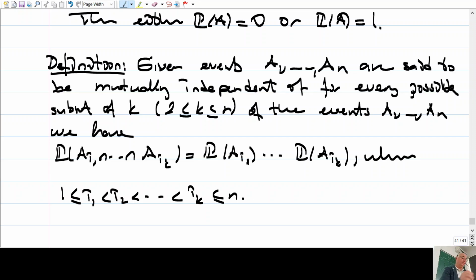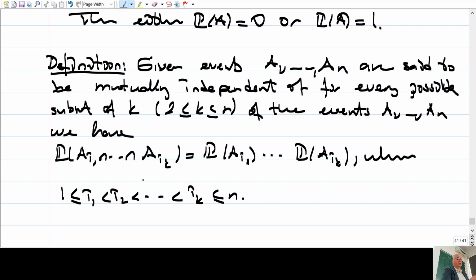So what you do, when we are given events A1 up to AN, we will call them mutually independent if I just take any K of them and look at the intersection, and this intersection has to be the product of the probabilities.